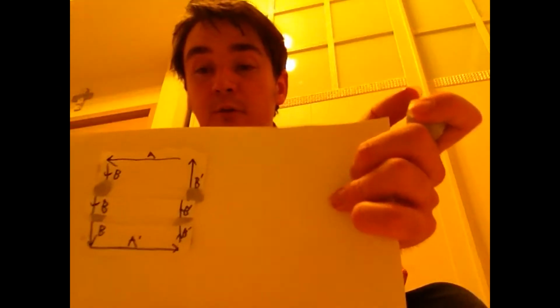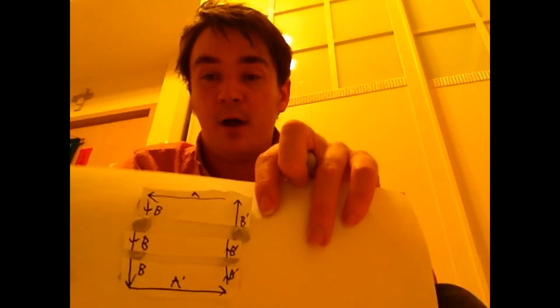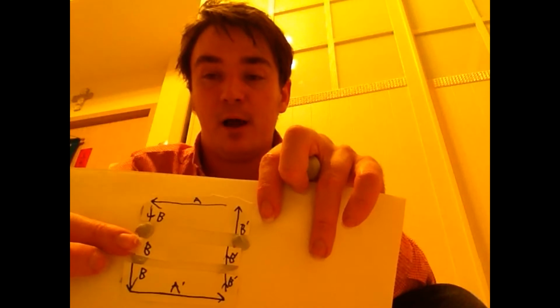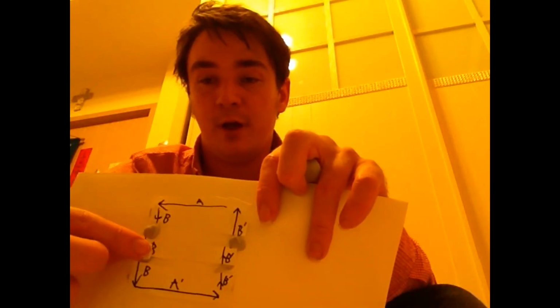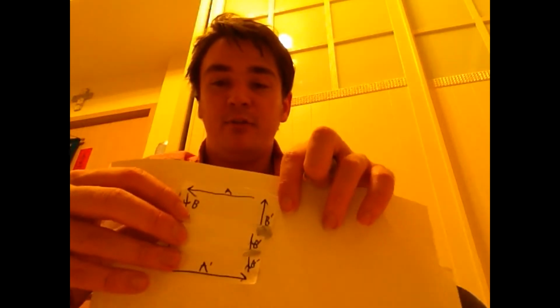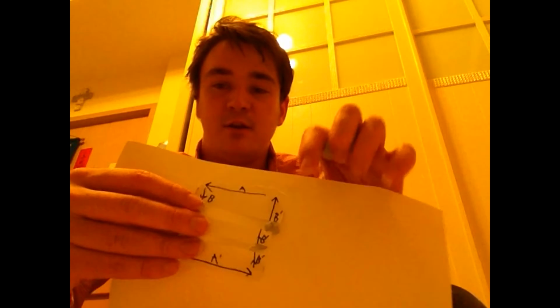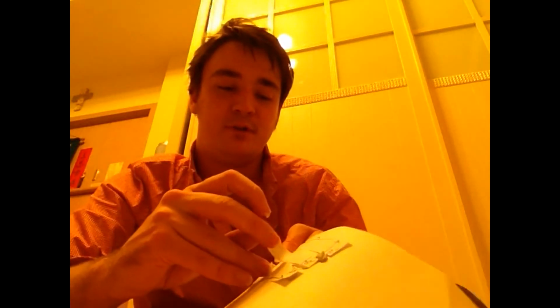Let's cut out this bit here. So here we are, we've made these cuts, and so now we can take out this middle part here. So what we're essentially doing is cutting a piece away from our projective plane. So let's just go ahead and do that, and pull this out.